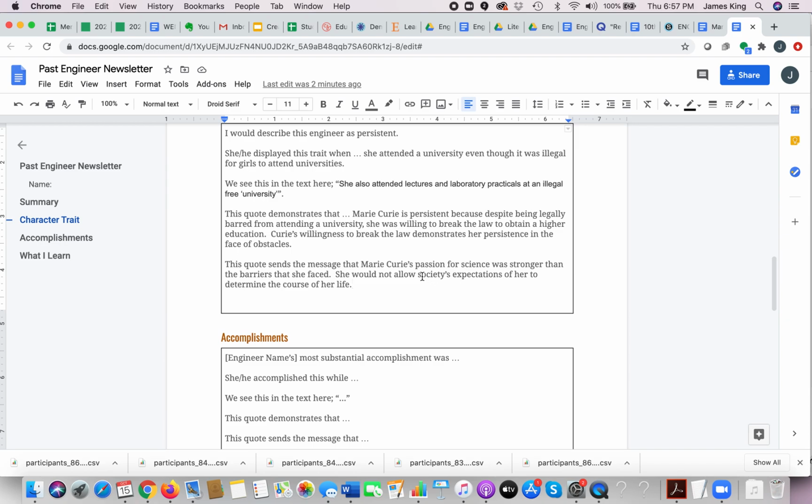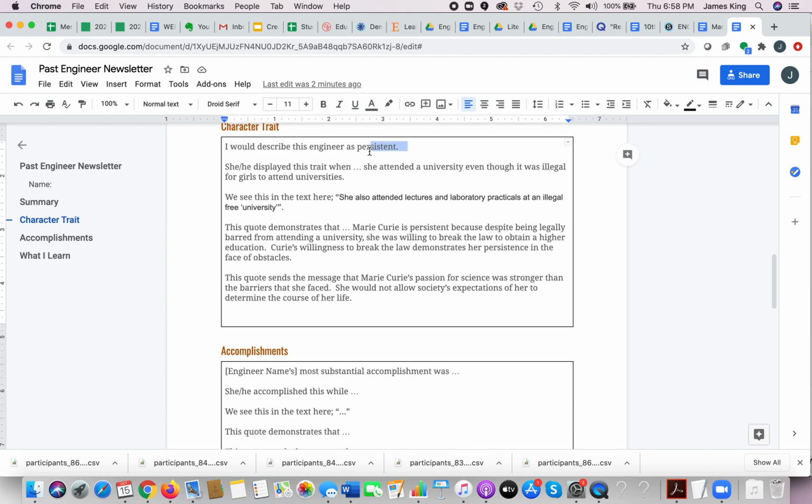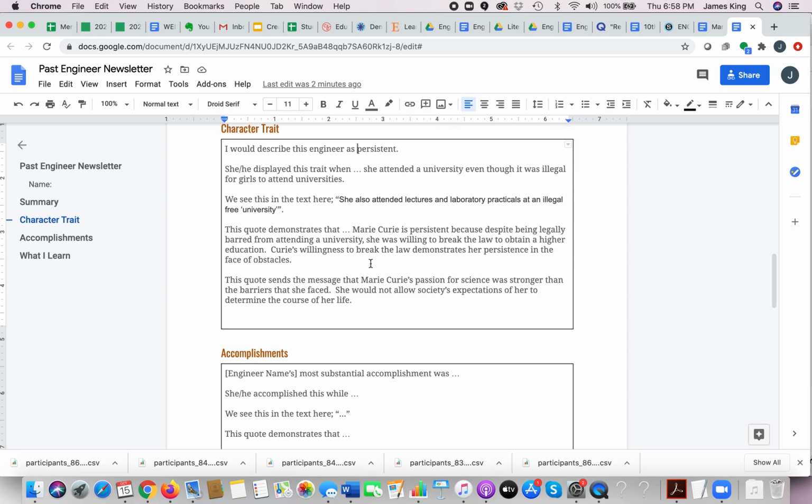But even though society expected women to not go to college, Marie Curie would not allow society's expectations to determine what she did. She was persistent. And that's how you score a 4, ladies and gentlemen.